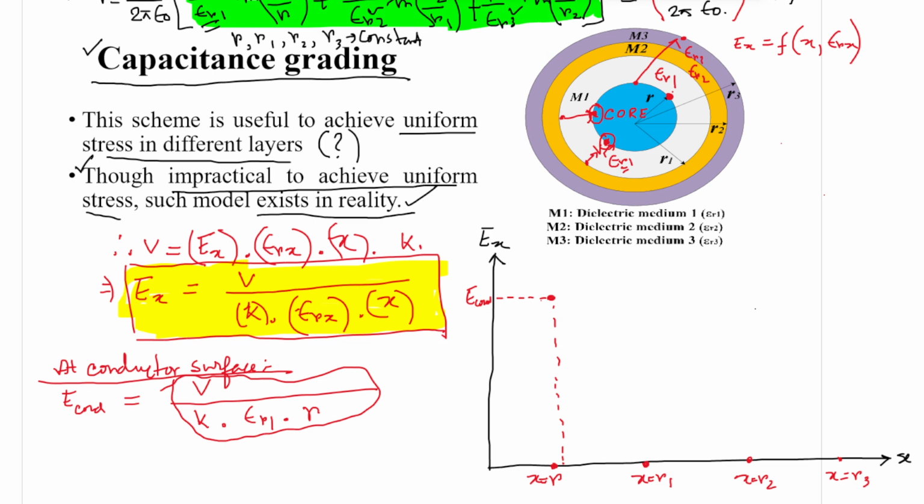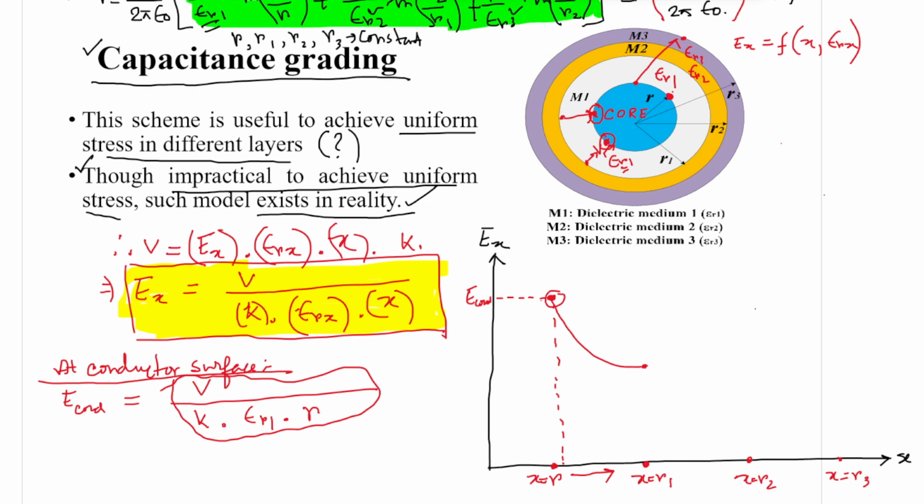So this will be my conductor surface. Now if you go outside, from R to R1, your electric stress varies with a rectangular hyperbolic nature.